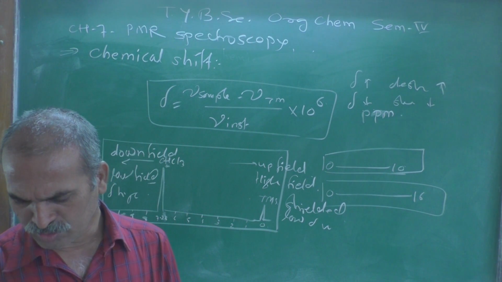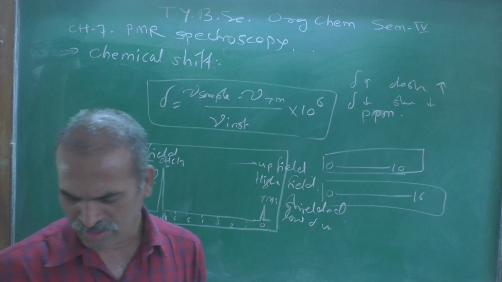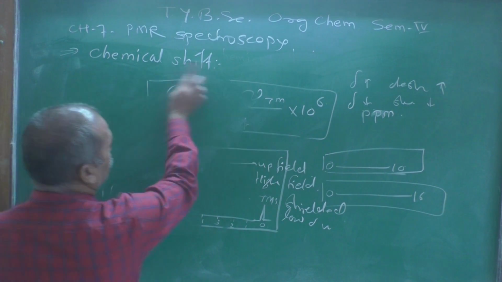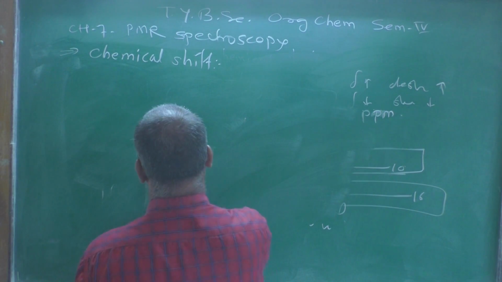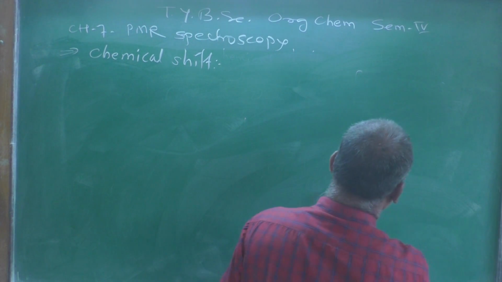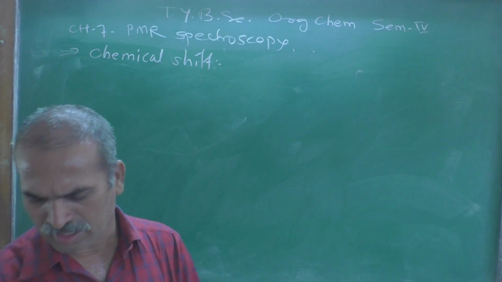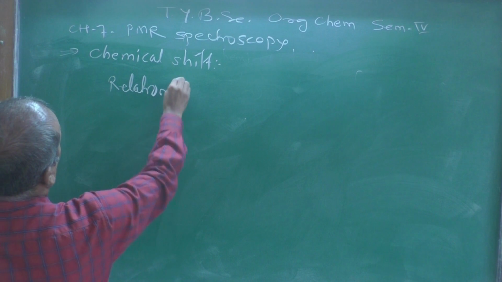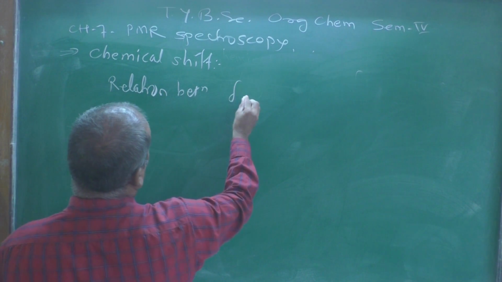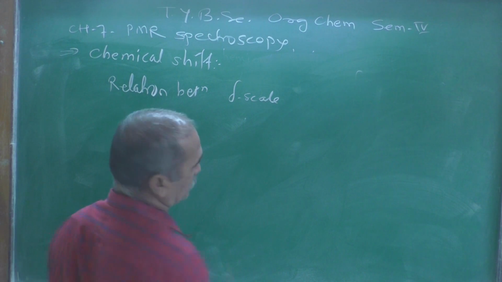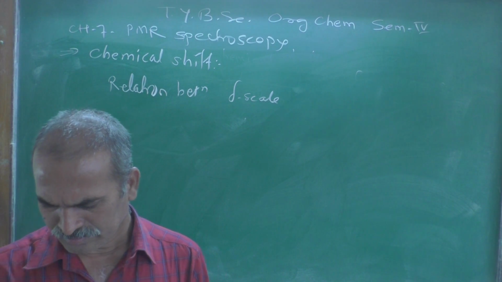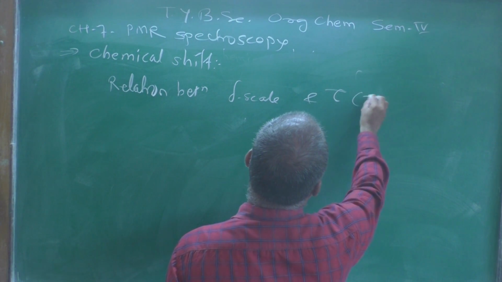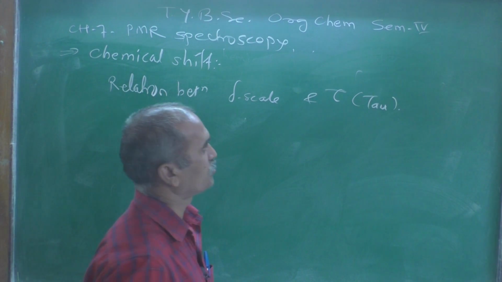While learning the chapter, here is one more thing you should remember regarding chemical shift: the relationship between the delta scale and the tau scale.